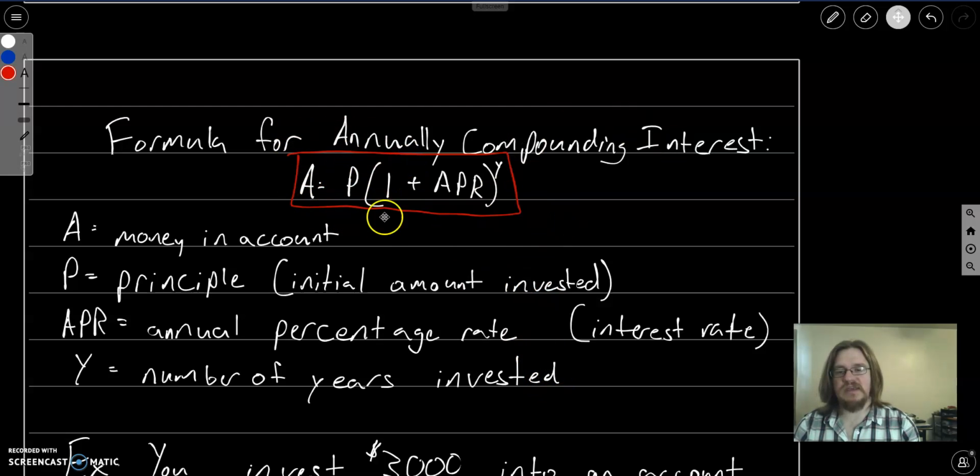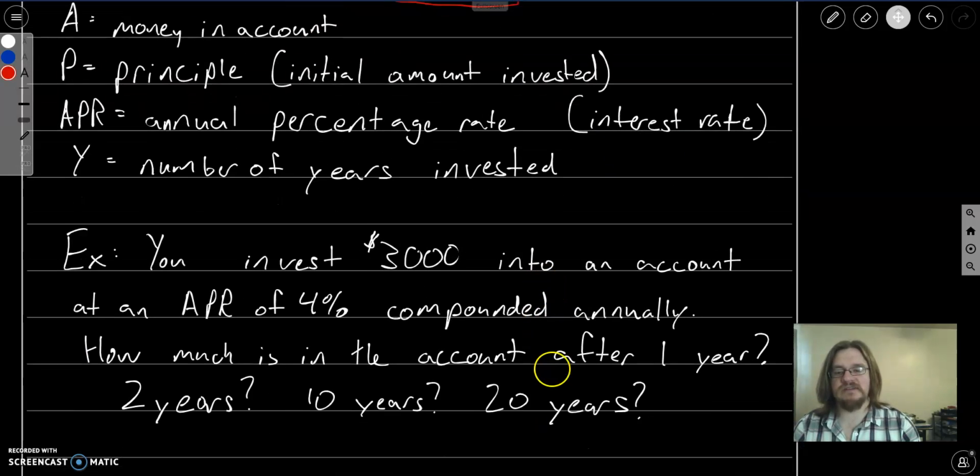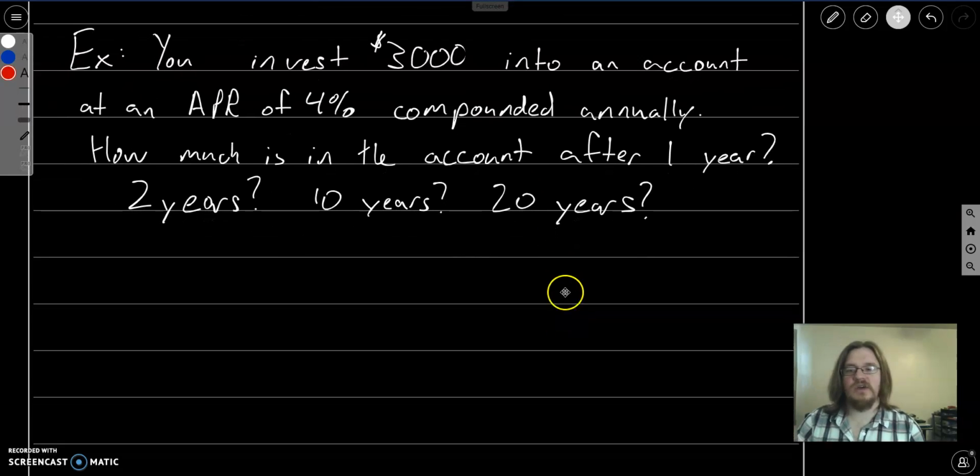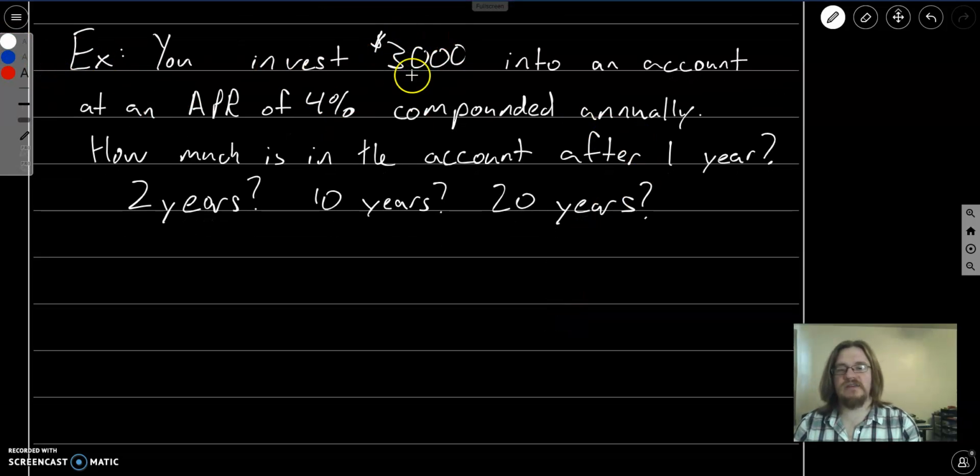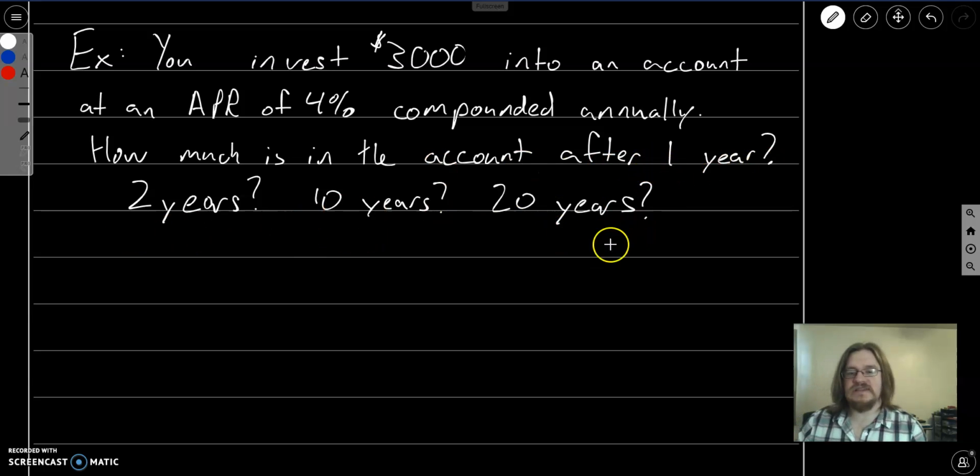So A is going to be P times 1 plus our APR raised to how many years we've invested. So we invest $3,000 into an account, an APR of 4%, compounded annually. How much is in the account after 1 year, 2 years, 10 years, 20 years?